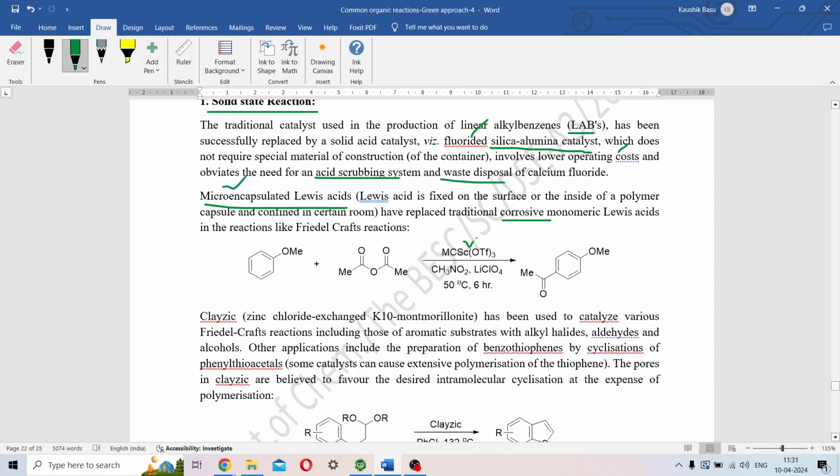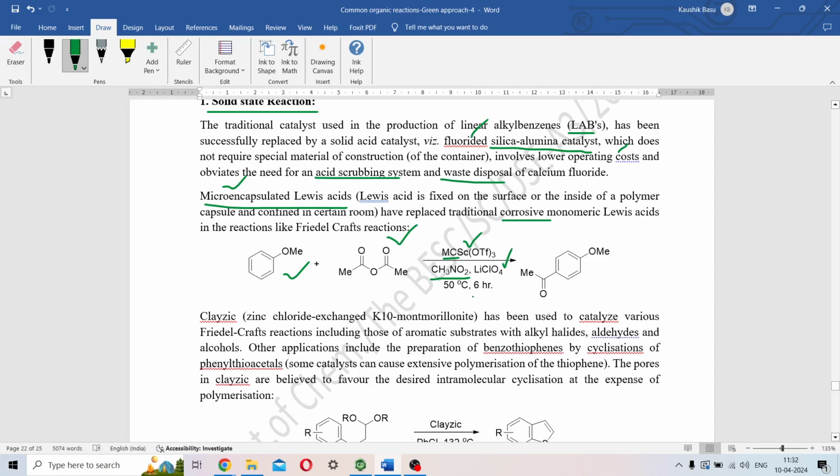One such example I have given here. This MC means this is micro encapsulated. This is a scandium salt of triflic acid. Okay, so we are using acetic anhydride as your electrophile, anisole as your nucleophile. The reaction is done in nitromethane solvent, and a salt is added to improve probably the solubility or something like that.